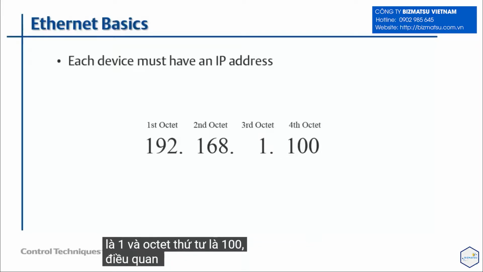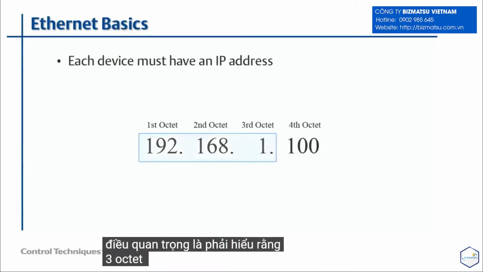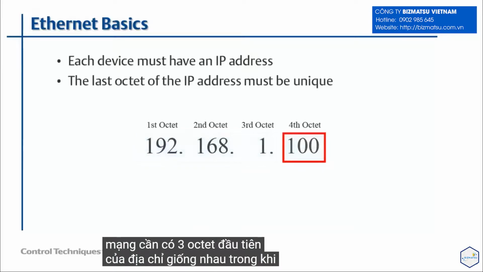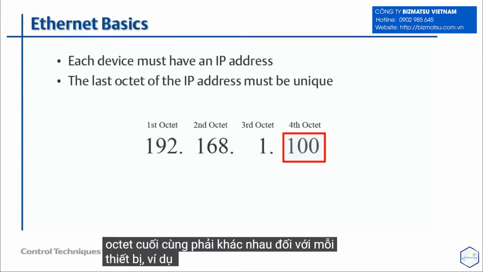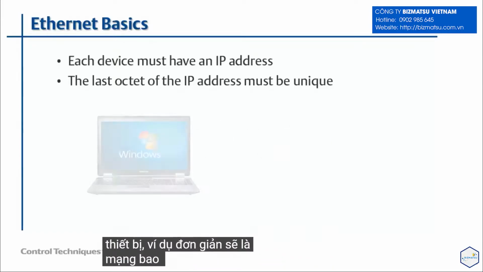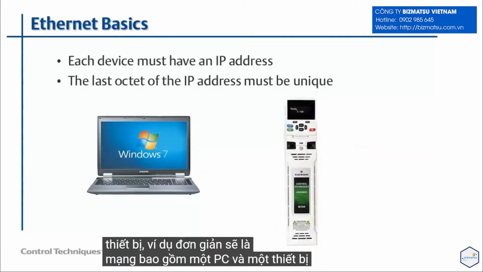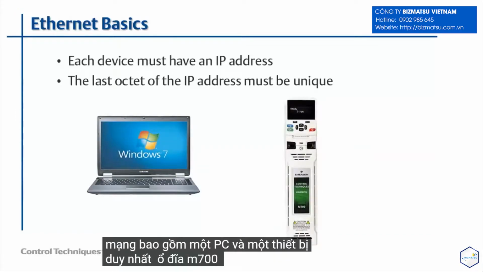It's important to understand that the first 3 octets of the IP address define the subnetwork. The devices on the network need to have the first 3 octets of the address be the same, while the last octet must be different for each device. A simple example would be a network that consists of a PC and a single Unidrive M700.